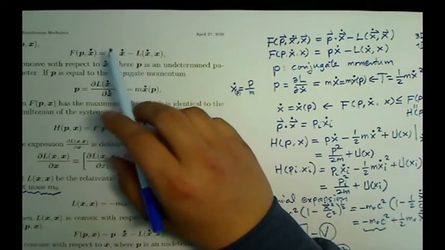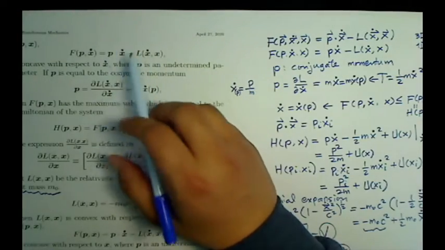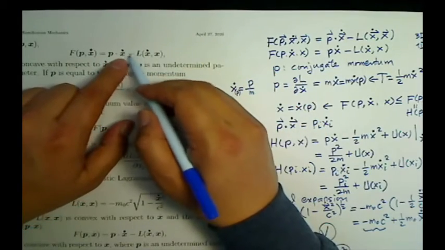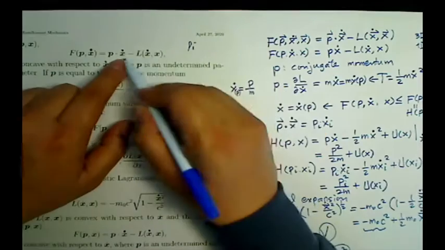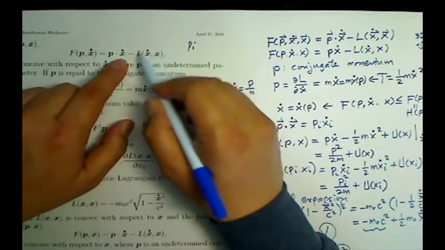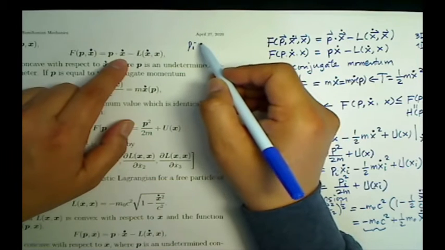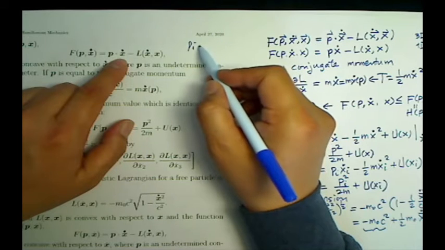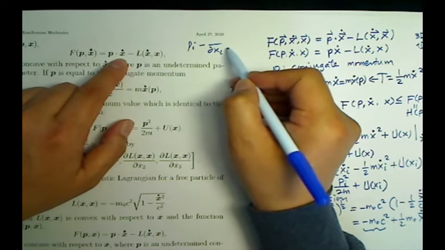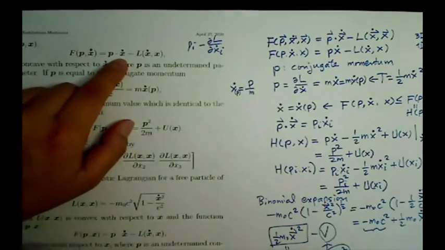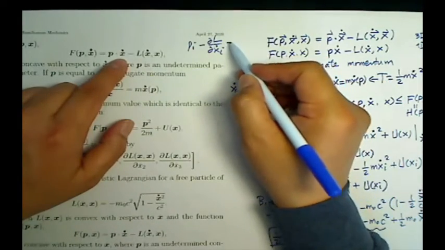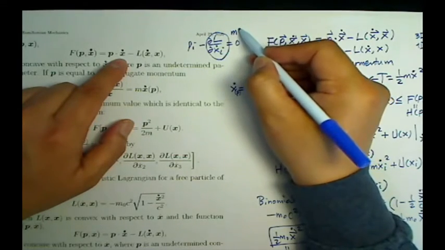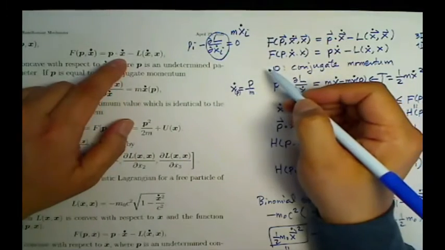The condition is that the first order partial derivative with respect to x i dot equals 0. And we were able to express this as m x i dot for the non-relativistic case.